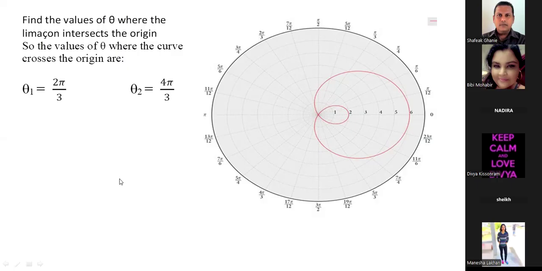Later, when the presentation is sent, you can zoom in. If you look carefully, it comes straight here where it intersects, and then you have this coming straight here. This is where the two intersect with each other at the origin. That's how we have theta 1 and theta 2.